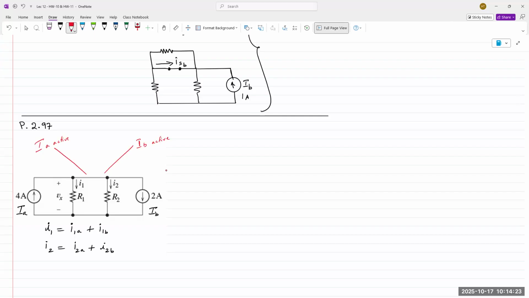So if IA is active, then our circuit looks like this. If IA is active, all the other sources in the circuit must be inactive.